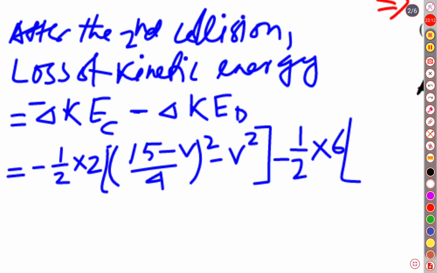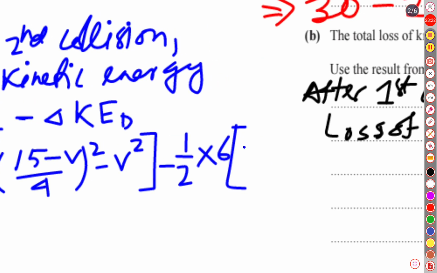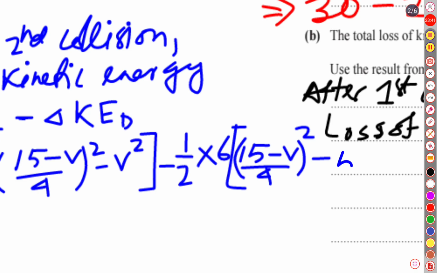And the final velocity of both C and D was the same, (15 minus v over 4) squared, minus the initial velocity of D, which was 5 square.